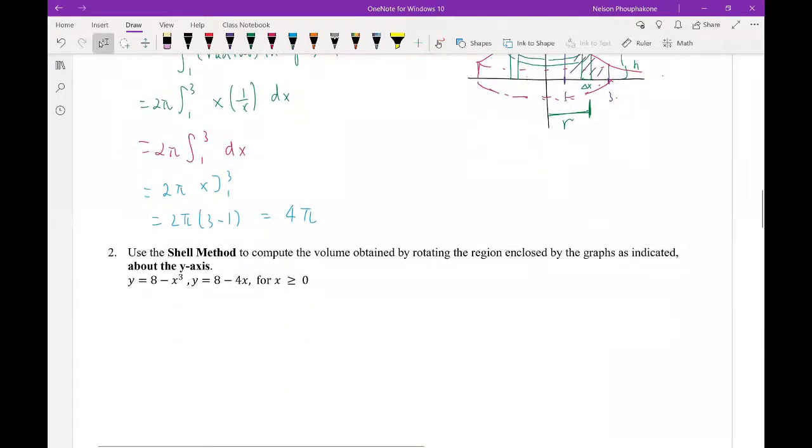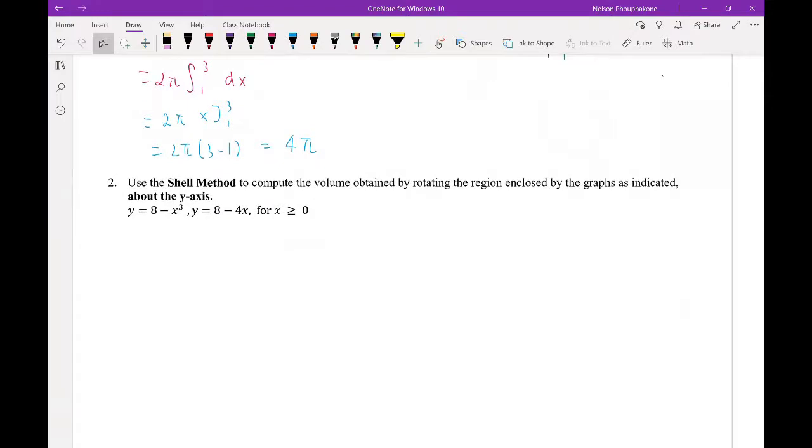Okay, so now again, we would like to use the shell method to work with the following volumes. Here we have two functions, y equal to 8 minus x to the power 3, and another one, y equal to 8 minus 4x. First of all, for this function, we work with negative x to the power 3, and the y-intercept is 8.